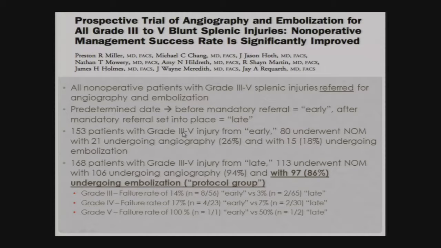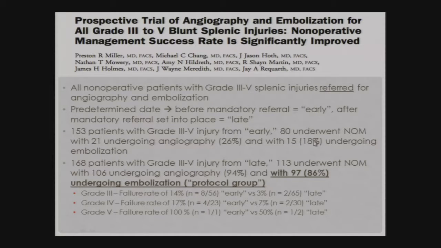The early group, there were 153 patients with grade 3 through 4 injury, and 80, so about half, underwent non-operative management with a small overall percentage, 21 out of 153, or 21 out of 80 in the non-operative arm underwent angiography, and then an even smaller percentage undergoing embolization.